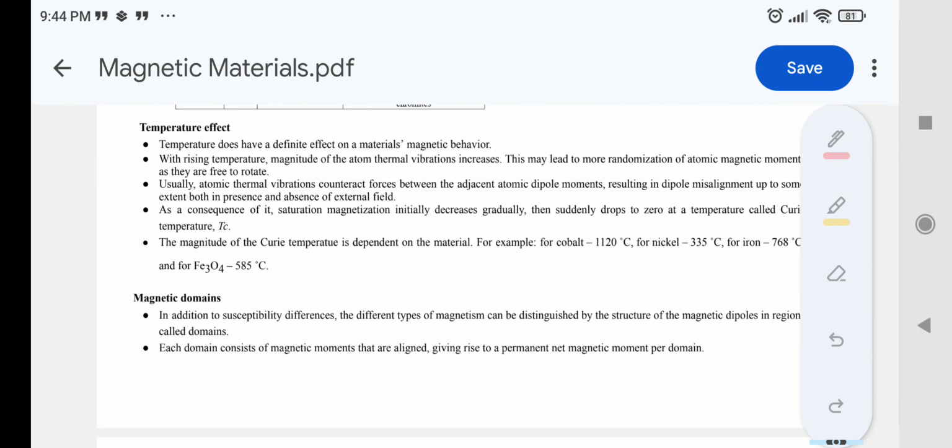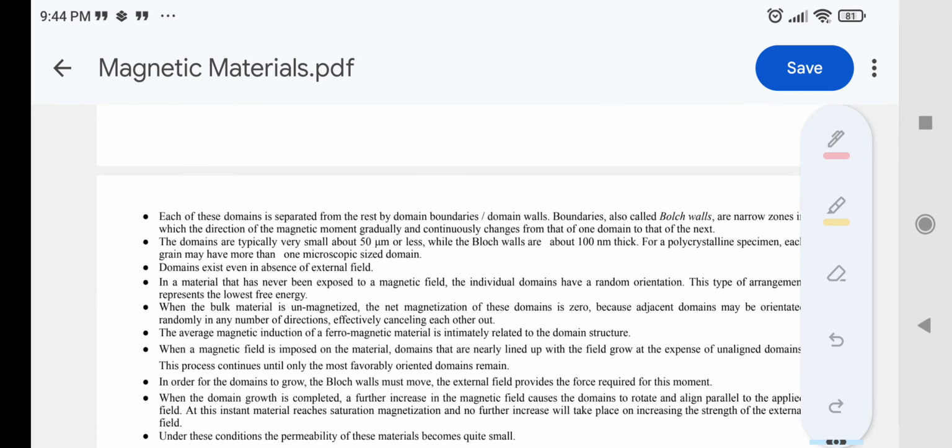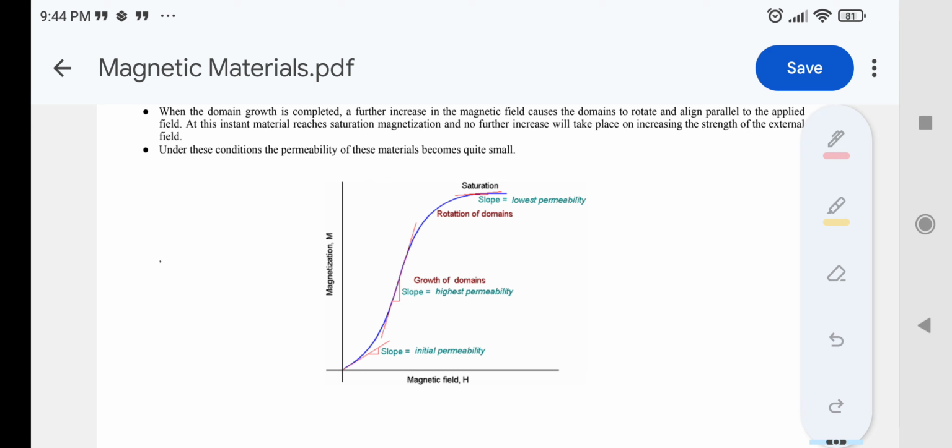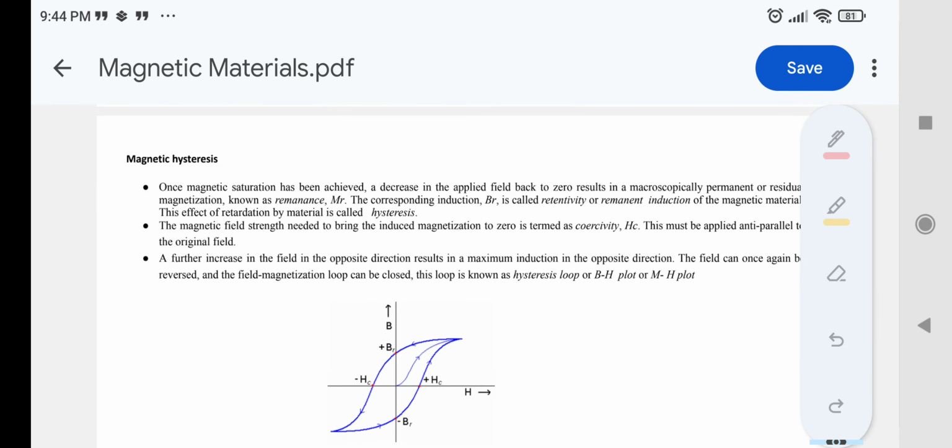Okay. Now what are the magnetic domains? So I think this curve will give you a magnetic saturation curve. As the magnetic field intensity is increasing, the magnetization increases, and at one particular point it reaches saturation. This we call a magnetic saturation curve. And there is a property called magnetic hysteresis.